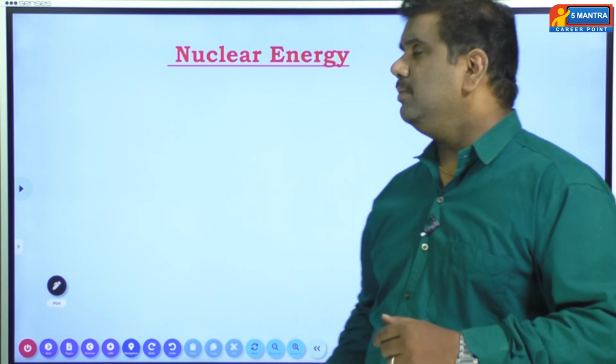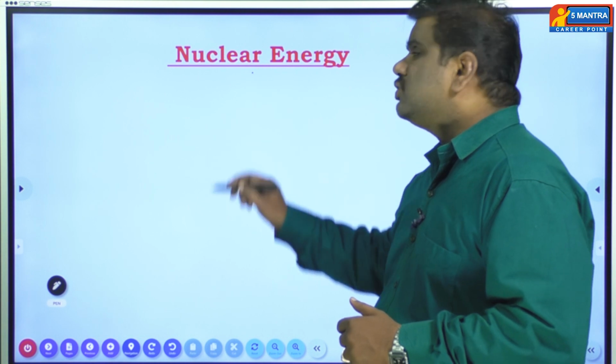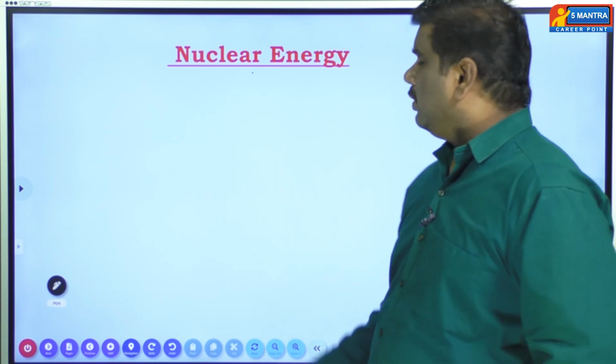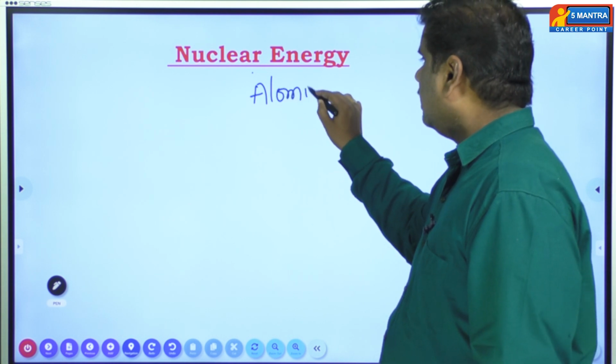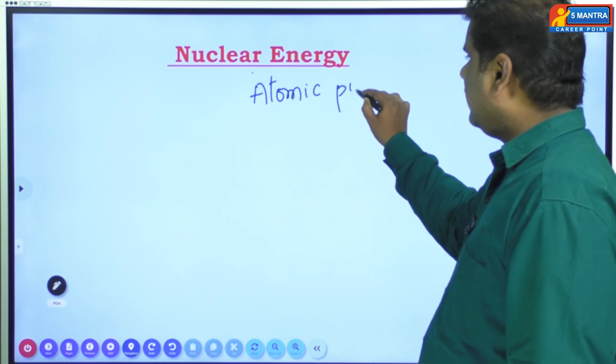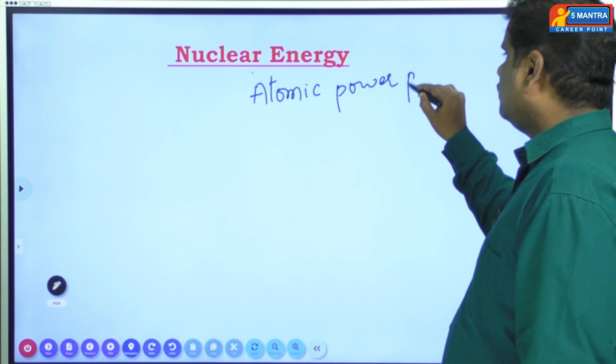At the same time, in nuclear energy, we'll be discussing the atomic power plants in India. How many atomic power plants do we have as of now?